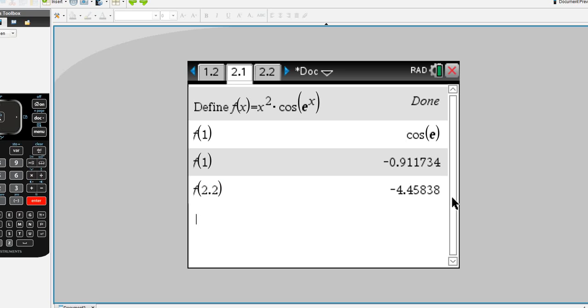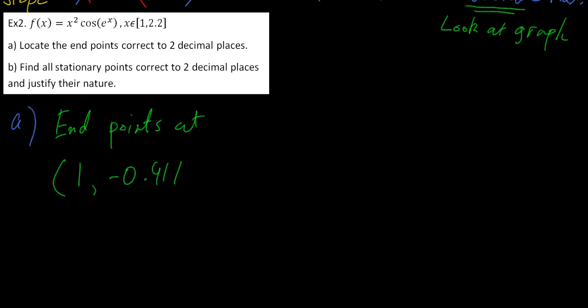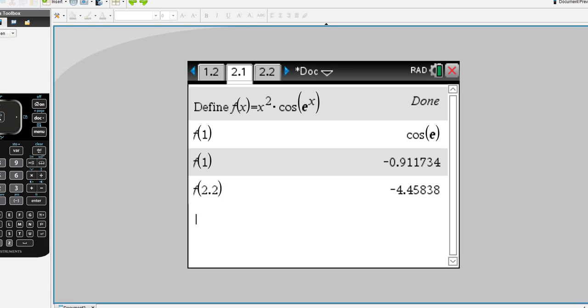So let's just jot that down. So for part A, we have endpoints at 1, -0.911 and 2.2, -4.46.